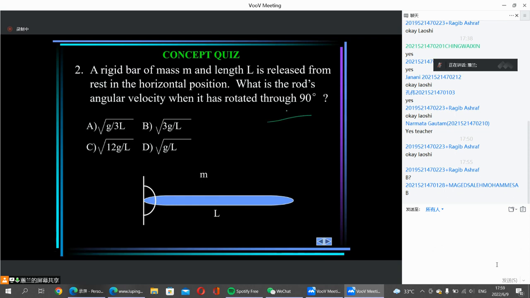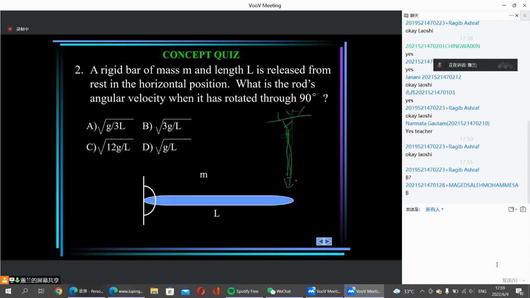Okay. So when it's vertical, can you calculate the reaction forces? Can you tell me how to find out the reaction force?